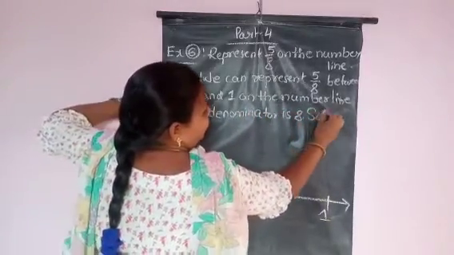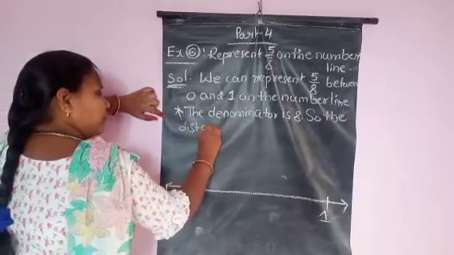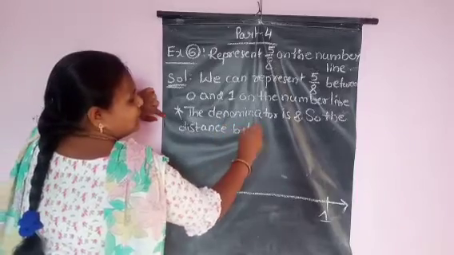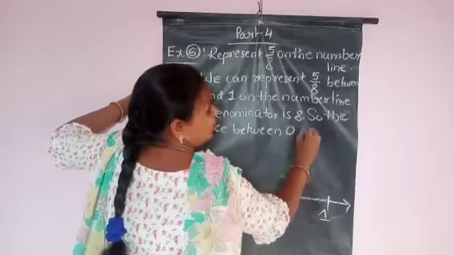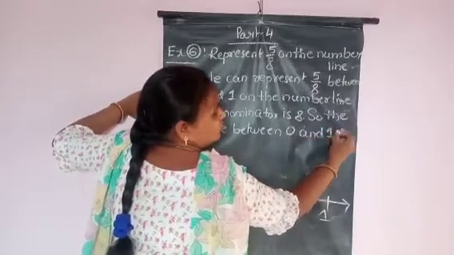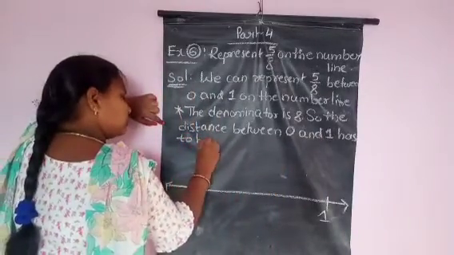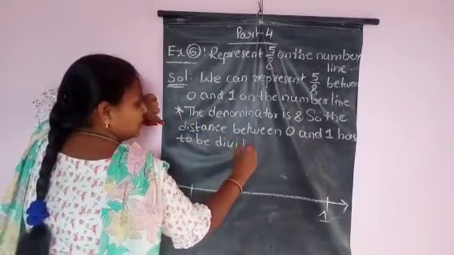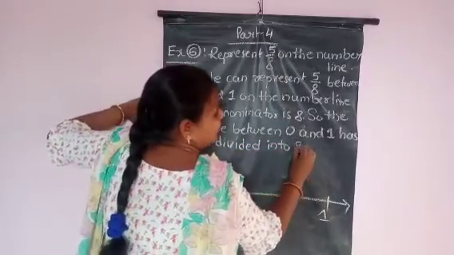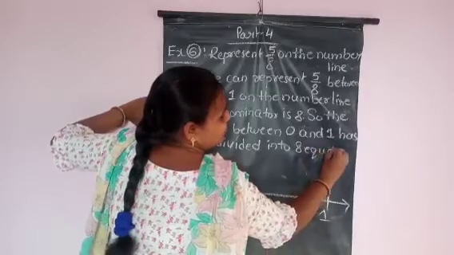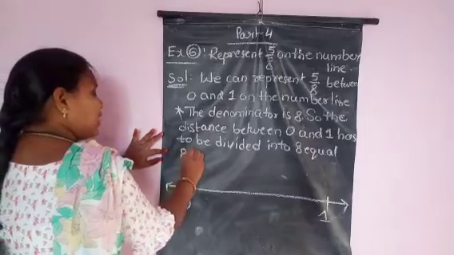So the distance between 0 and 1 has to be divided into 8 equal parts.